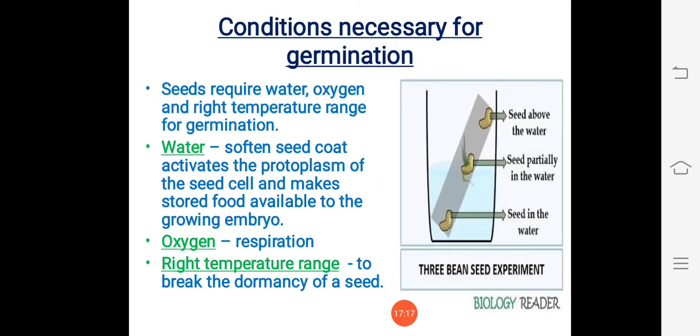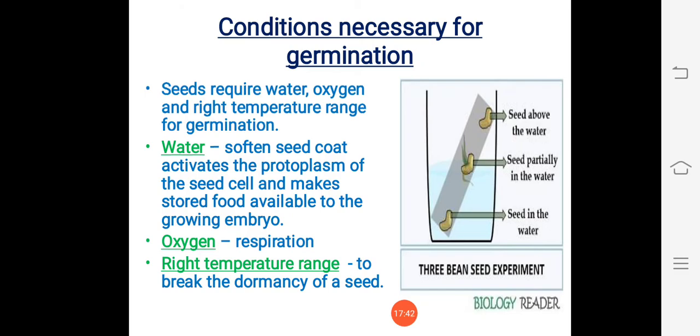One experiment given in your book proves the conditions necessary for germination. First, fill 3/4 of a jar with water and secure 3 bean seeds to a wooden ruler with the help of rubber bands.